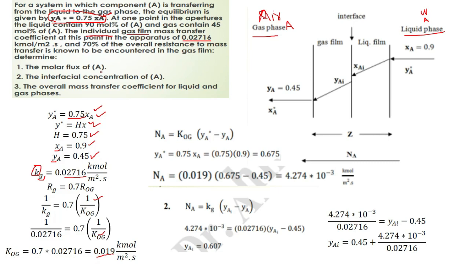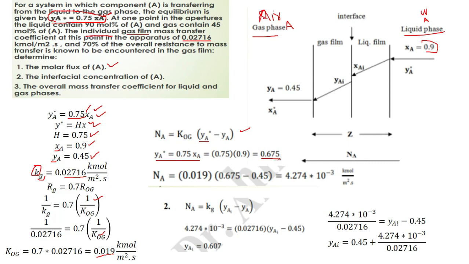In order to find the molar flux of A, you will use this formula. In this formula you don't know YA star. So for YA star you will use this formula. YA star is equal to 0.75 into XA. XA is 0.9, which is given to you. You will get YA star is equal to 0.675.